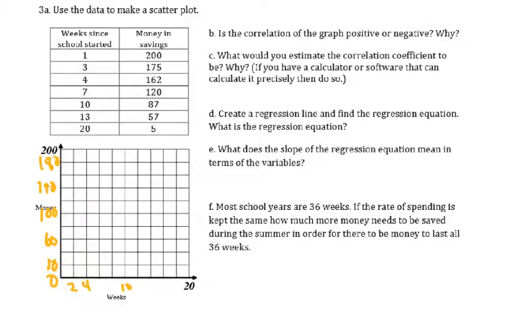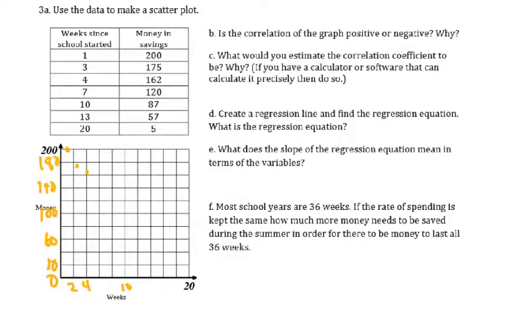But anyway, so at 1, we're up to 200, so right about there. 3, we're up to 175, so it's pretty close to that. 4, we're at 162. Okay, so 175 should probably be a little closer to 180.